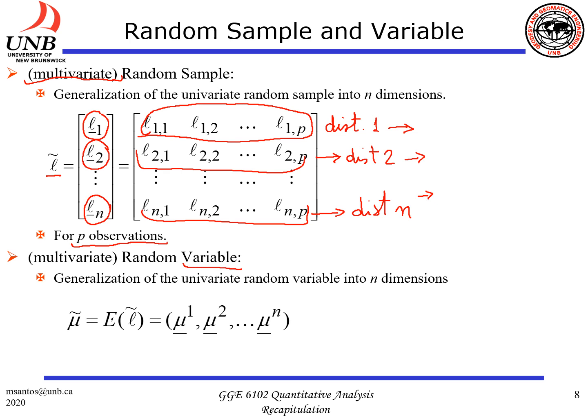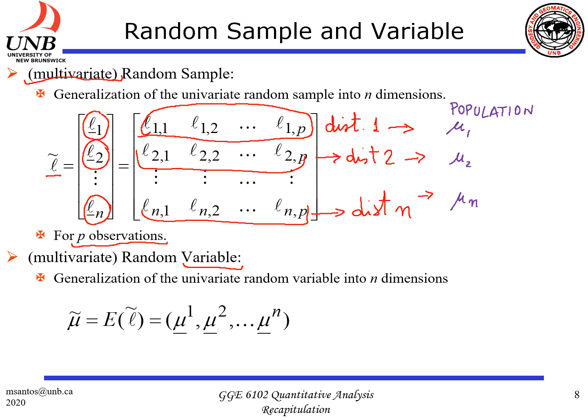This same reasoning can be made for the random variable. So for each one of these distances, they are associated with a PDF, okay, a continuous representation. We can think that the observations have been drawn from the population.